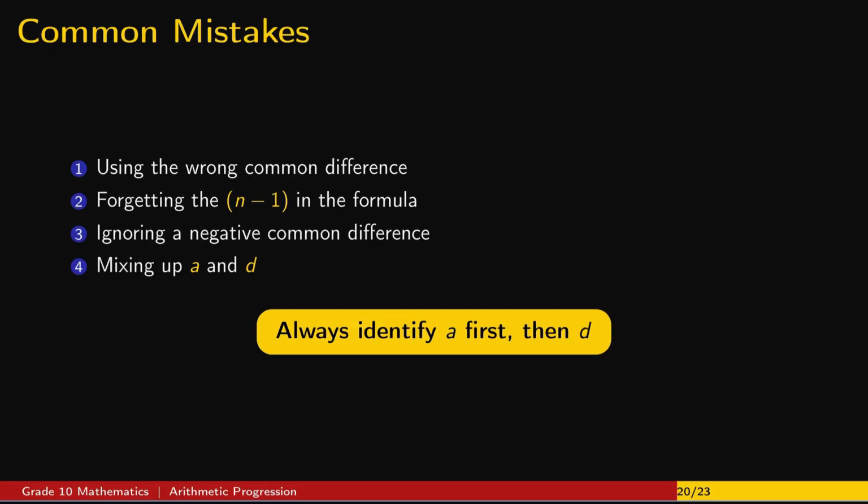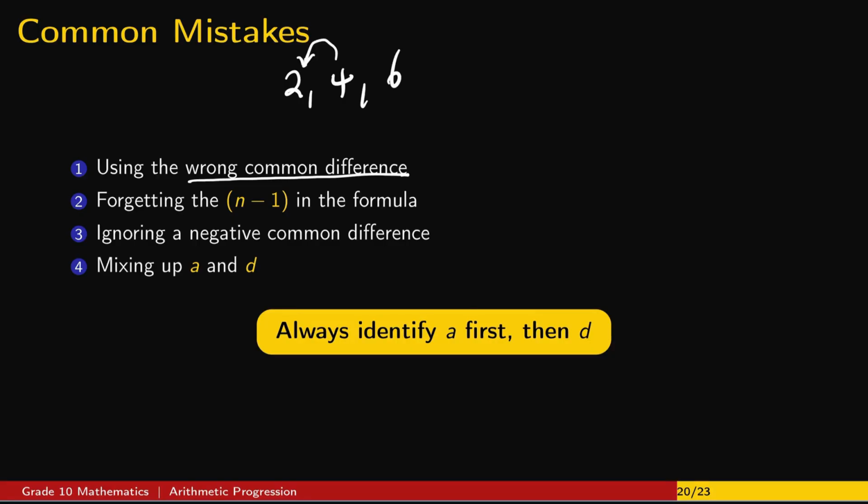All right, guys, thank you for reaching this far. I want to point out common mistakes that students normally make with these kinds of problems. One, they will use the wrong common difference. Remember, if I give you 2, 4, 6, you take the second term minus the first term.